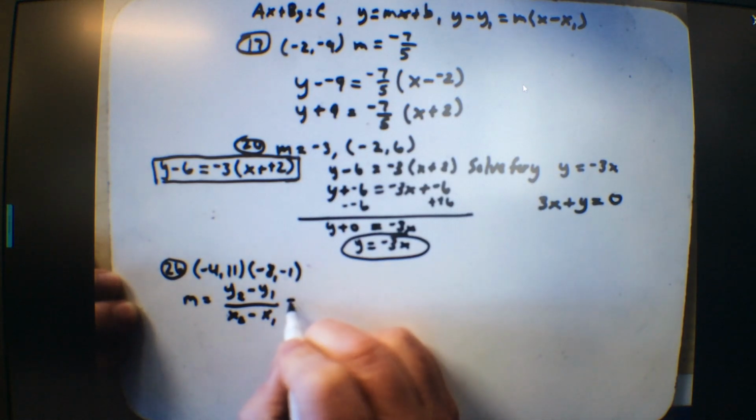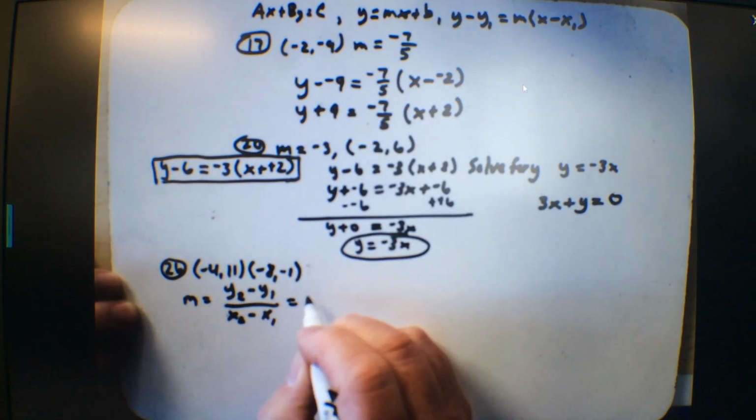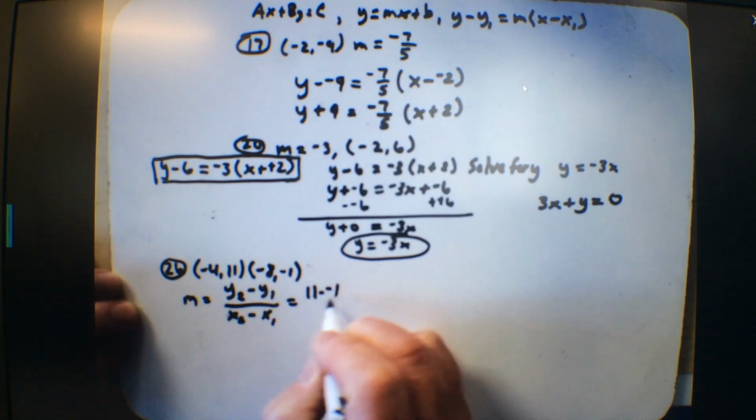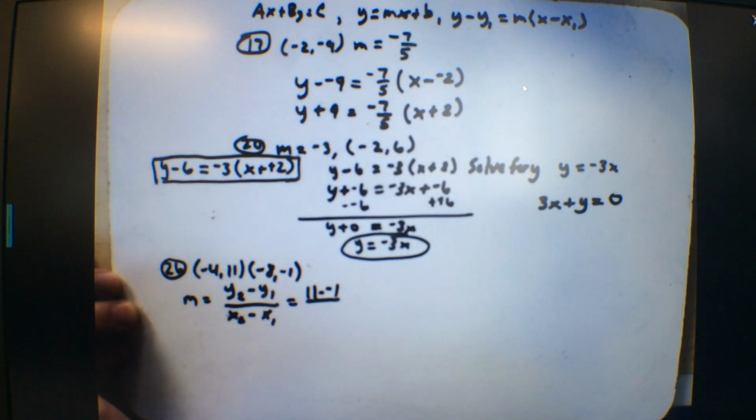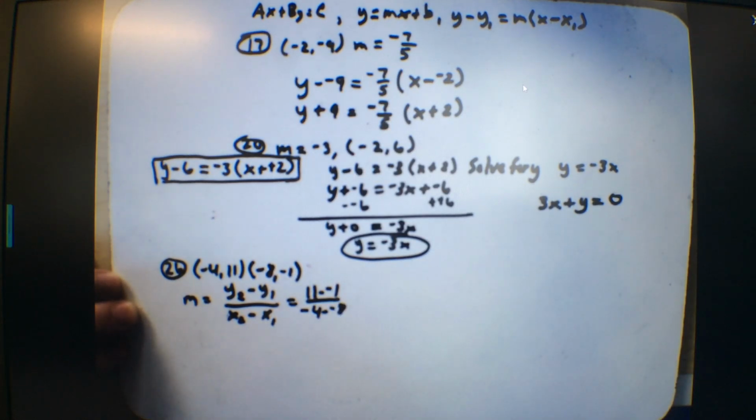All right, so we can take the change in y over the change in x. So I'm going to take, the y is 11 minus the negative 1 over a negative 4 minus the negative 8. Do you agree? I must do it in the same order.